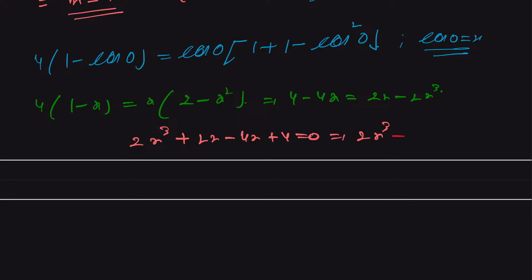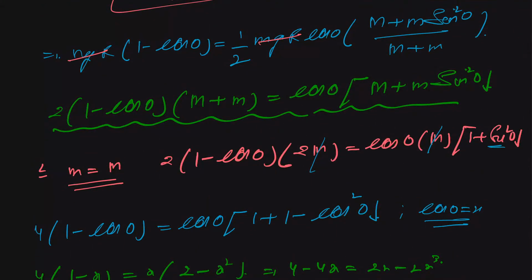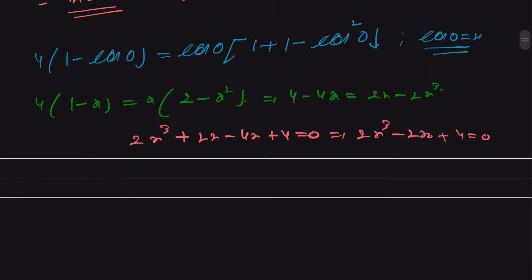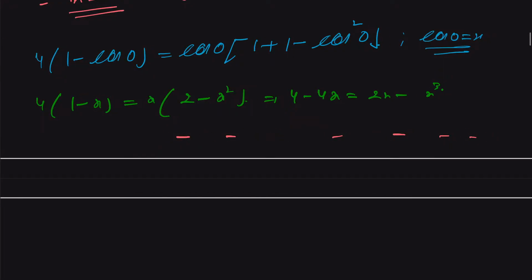Let me recheck, there is a problem here. Now it looks good. So we get x cube minus 2x minus 4x plus 4 is equal to 0.